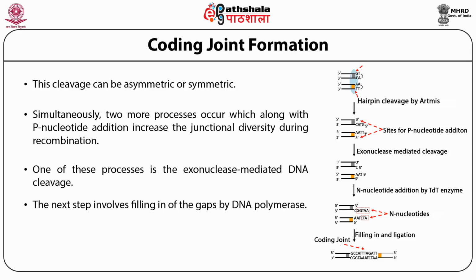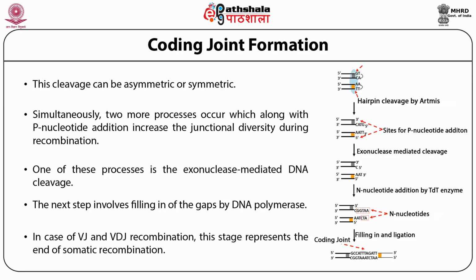Finally, the coding ends are ligated to form a coding joint with the help of DNA ligase 4 and non-homologous end joining proteins. In case of VJ and VDJ recombination, this stage represents the end of somatic recombination. However, in case of DJ recombination, this stage is followed by reinitiation of recombination to link a recombined DJ to a V gene, that is VDJ recombination.